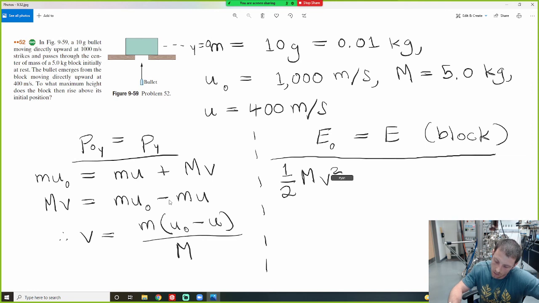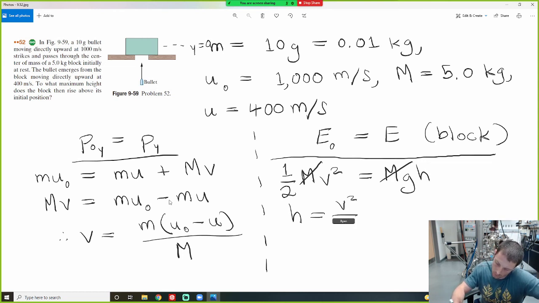And then when it's at its maximum height, all of the kinetic energy is converted to gravitational potential energy, right? So we could write this. And the masses cancel, and we find H to be v squared over 2g.